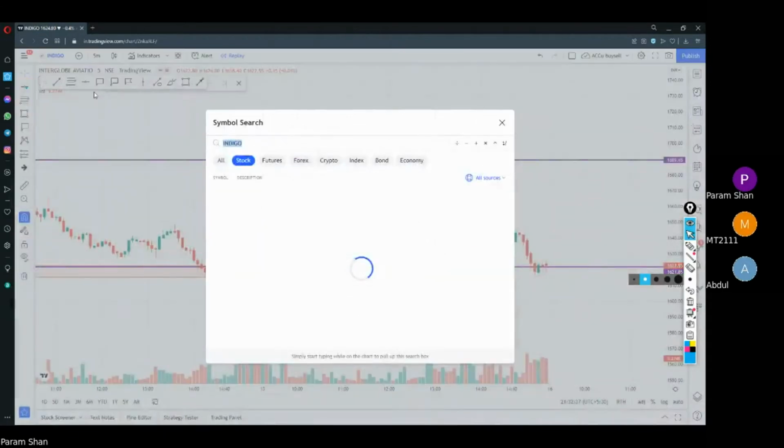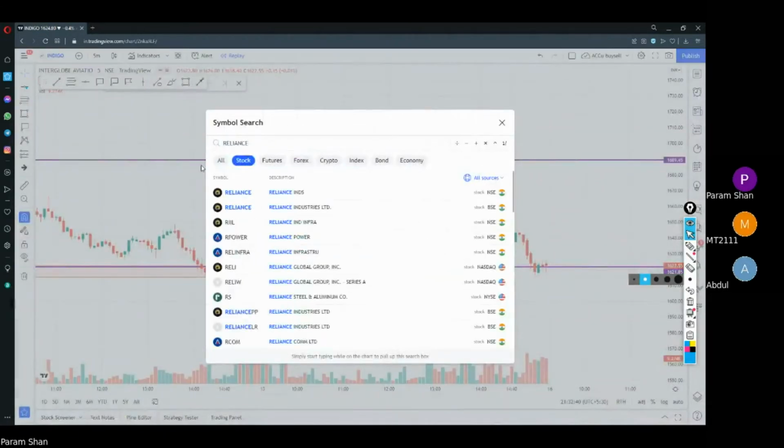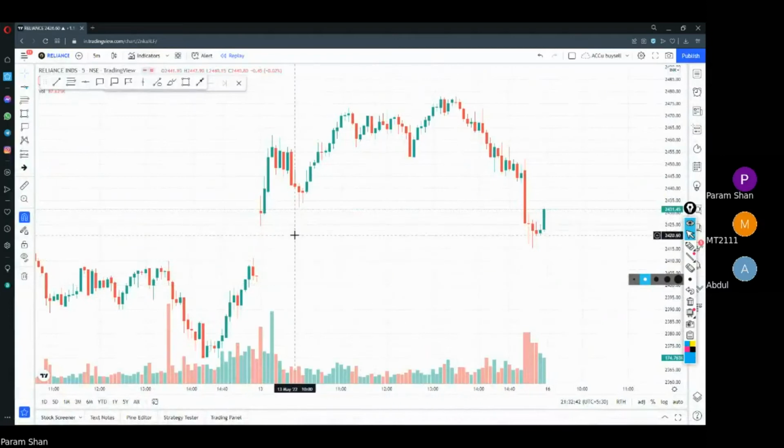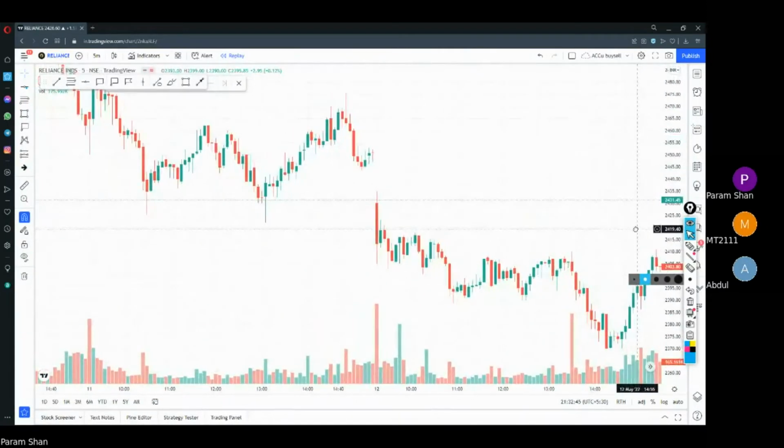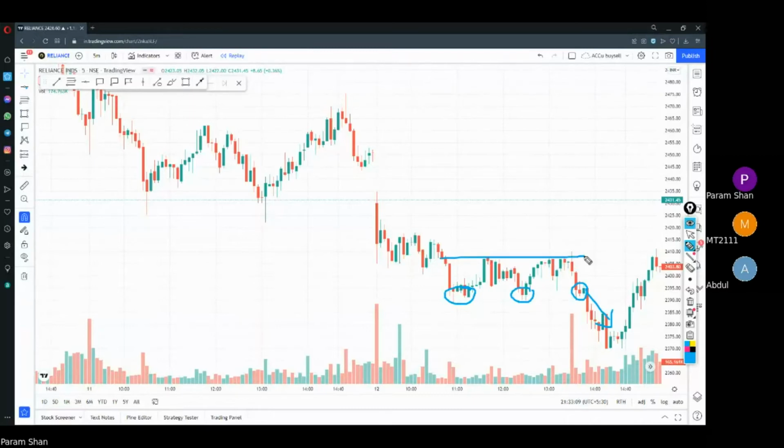Okay, we will take some other stock, Reliance. So we will try to do the same thing here. This is an old price. And so when you see historically, this is the place where the price was tested once, twice, and thrice, but it did not stay over here, it fell. Okay, and I wouldn't say this is resistance because there is no consistency here, but maybe we can call this a resistance, but this will become like a sideways movement.